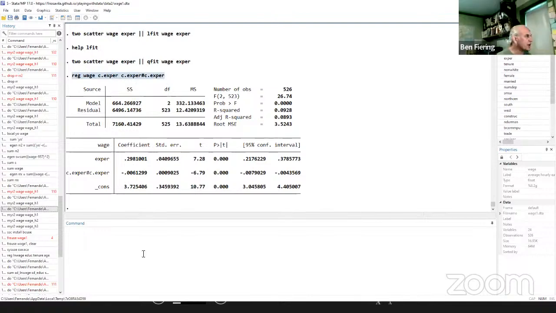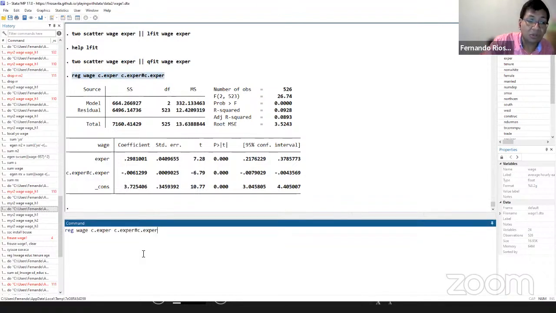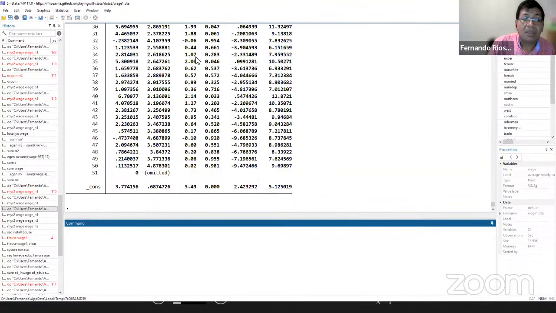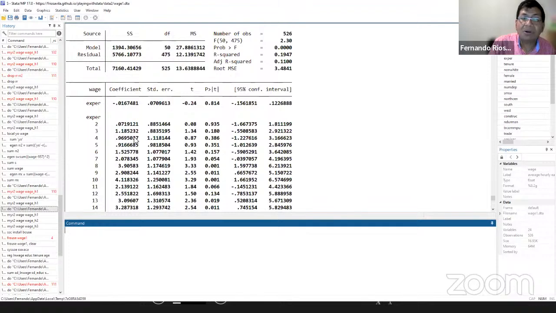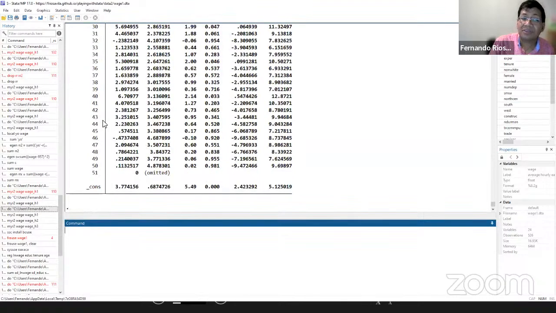So the C is for continuity, basically? C basically tells Stata this variable is continuous, because otherwise, if you try to do it without the C's, it's going to try to use every single value of experience as a dummy, because that's what Stata understands. And that's incorrect.